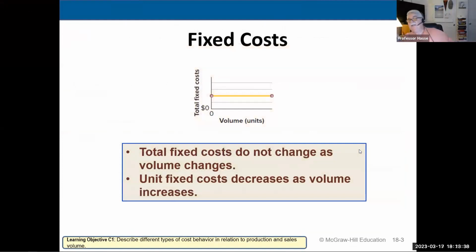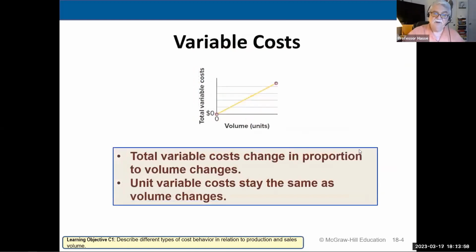A fixed cost does not change as volume changes. You sell more, you sell less, those costs stay the same. Most fixed costs are like depreciation, rent, maybe salaries of administrative people. Those are fixed costs. Variable costs change. You produce more, you're going to have higher costs. You produce less, you're going to have lower costs.